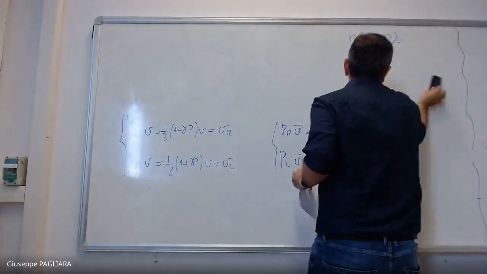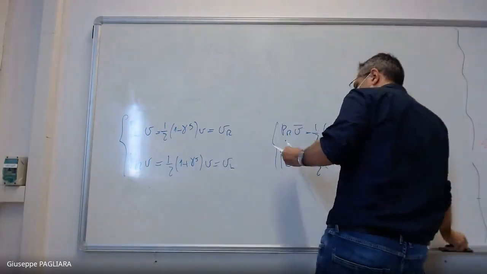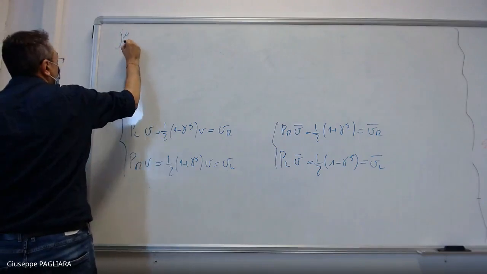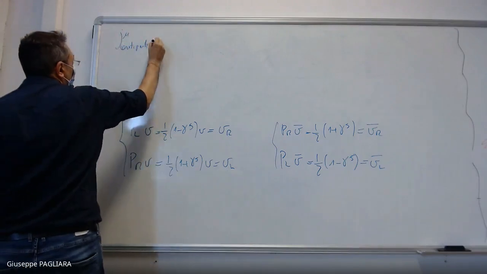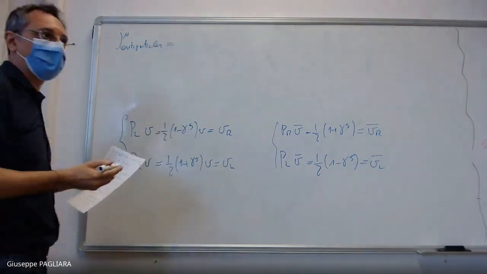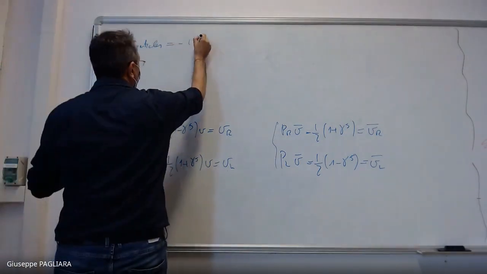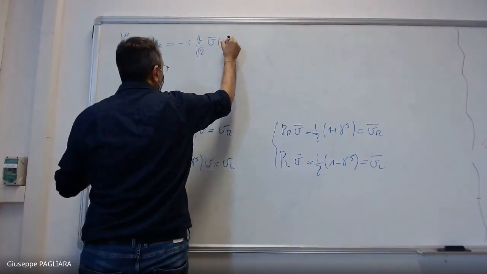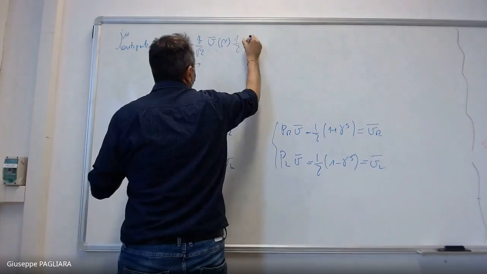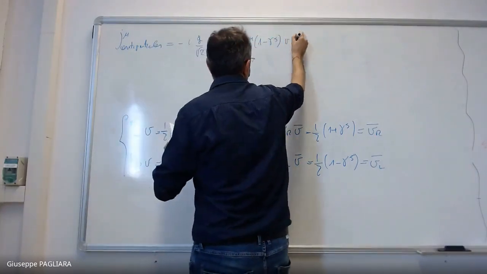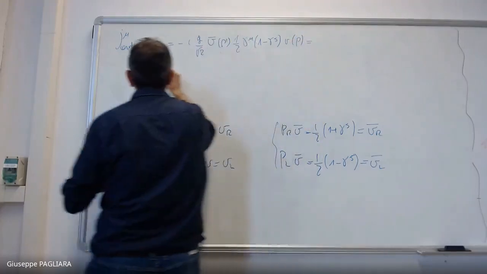Okay, so let me derive the current for the case of antiparticle. The structure, of course, is the same. So we have minus iG divided by square root of 2, v̄(p') 1/2 γ^μ (1 − γ5) v(p). Then we apply the trick that I showed before: 1/2 (1 + γ5) γ^μ 1/2 (1 − γ5) v(p).